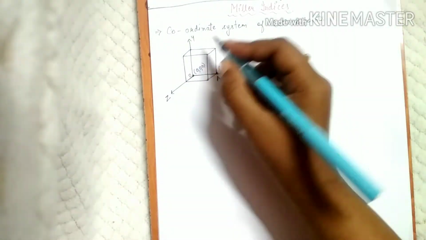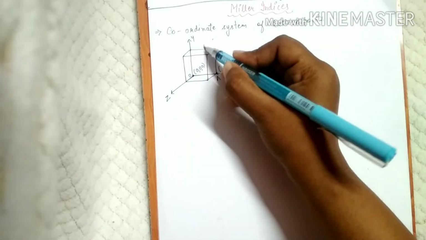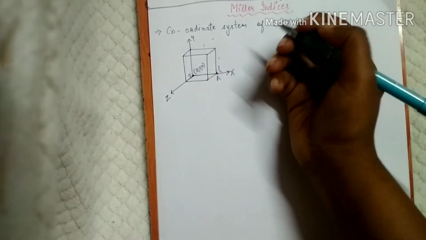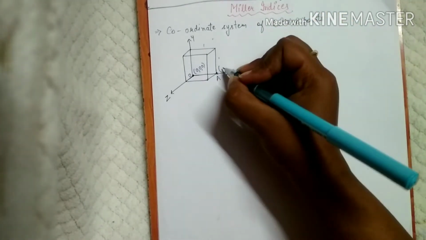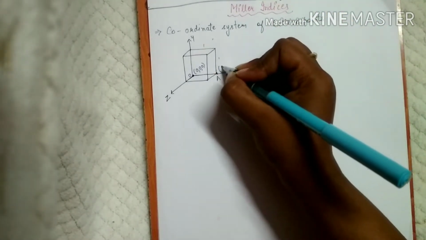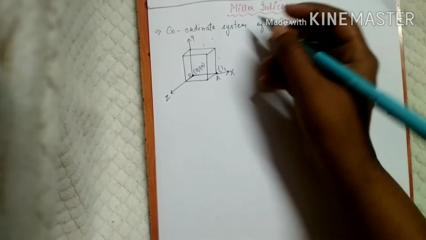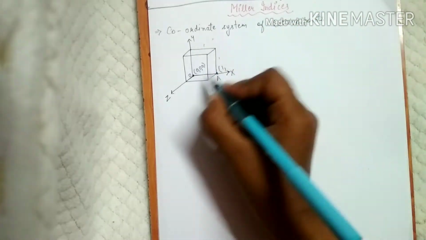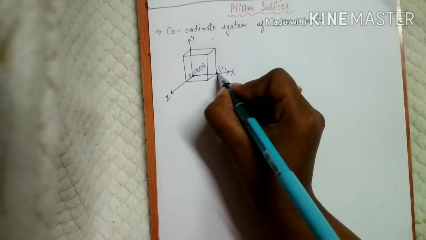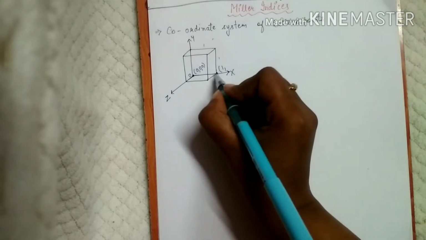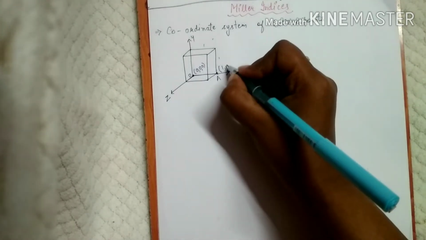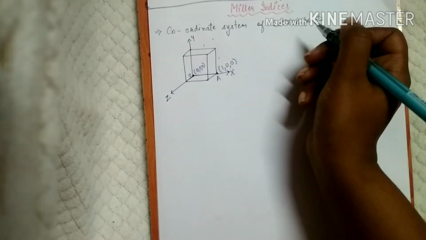Suppose this unit cell has dimensions 1, each side is 1. So along the x axis it will have coordinate 1. You don't have to move along y or z axis. You'll directly reach point A by moving distance 1 along the x axis. So the coordinates will be 1, 0 and 0.